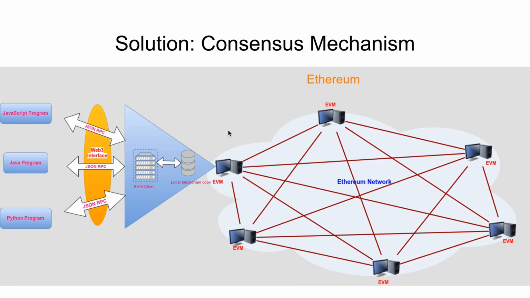So different blockchains have different implementations of consensus mechanisms. These are the kinds of things that people are experimenting with all the time, coming up with new consensus mechanisms for blockchains. So some examples are proof of work, which is what Bitcoin runs off of and what Ethereum currently uses as well.